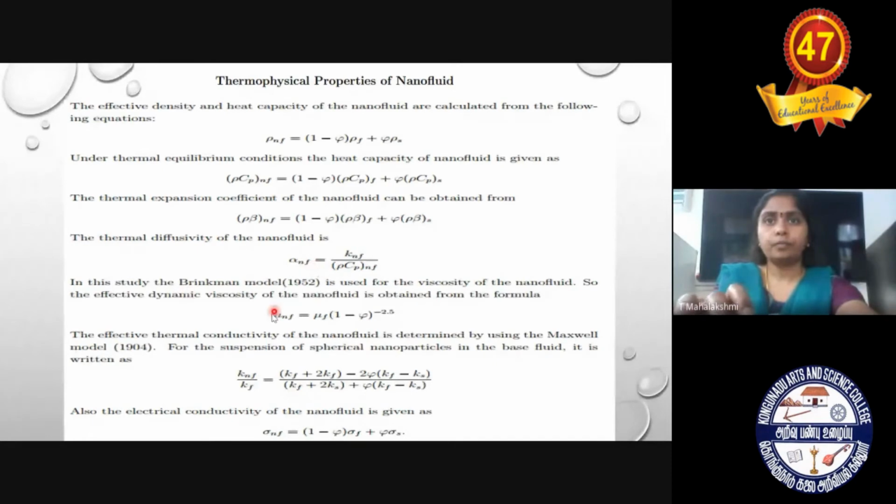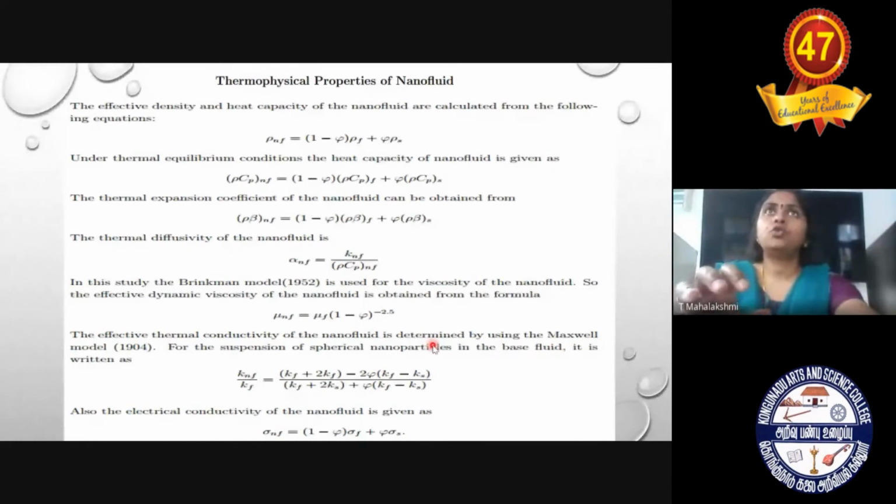So obviously we will get the thermal diffusivity. And based on the Brinkman model, the dynamic viscosity of the nanofluid is obtained by considering the product of two terms, mu f and 1 minus phi raised to the power minus 2.5, along with the effective thermal conductivity of the nanofluid.